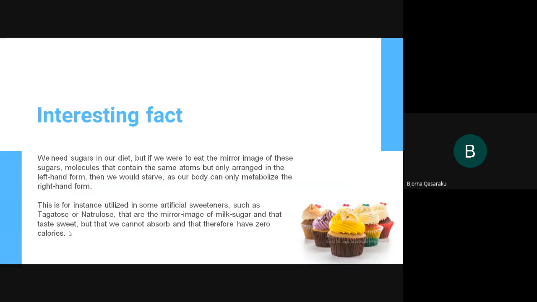They taste sweet, but we cannot absorb them, so they have 0 calories. This topic is now being researched because they want to use this property to control the glucose level in our blood and help people who suffer from diabetes.